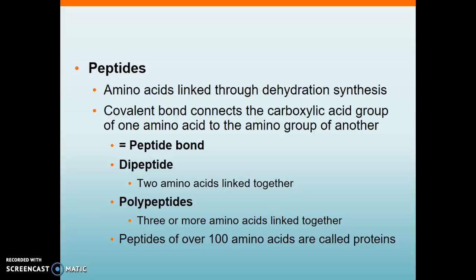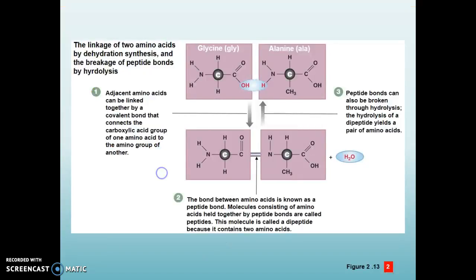It may or may not be a completed protein. So here we are going to combine two amino acids, glycine and alanine, in a peptide bond through dehydration synthesis. So remember, when you are synthesizing, you are doing so by taking out a water molecule. This bond is called a peptide bond.